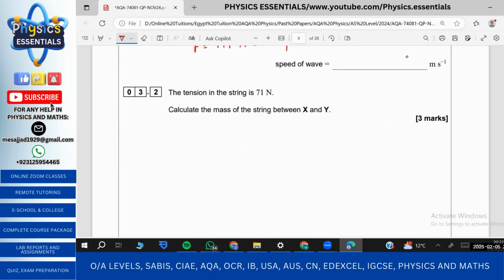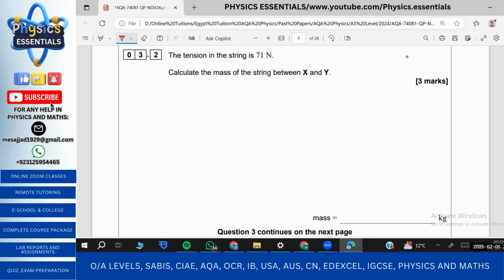Okay, the tension in the string is 71 Newton. Calculate the mass of the string between X and Y. So the speed formula is actually the square root of T over mu as well. We know that, right? So what was the speed here? The speed here was 190.5 equals the square root of tension 71 over mu, right? So taking square on both sides, it will be like this.